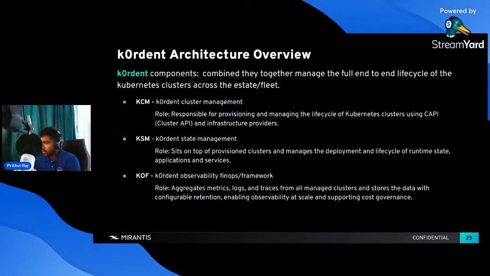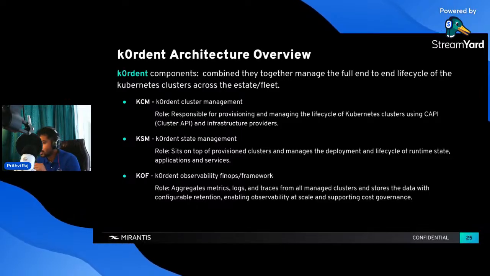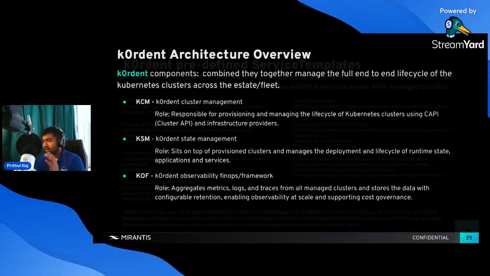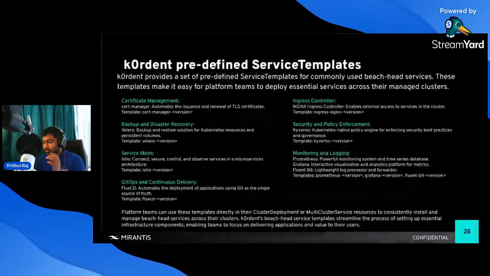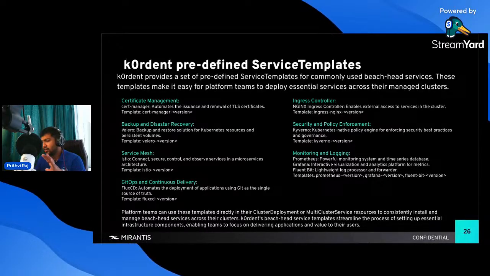In the interest of time, I will not go for a demo, but I will show you a predefined service template, how it looks, and how you can implement it as well. The Cordant predefined service templates are contributed by the community, and it is a set of predefined service templates.